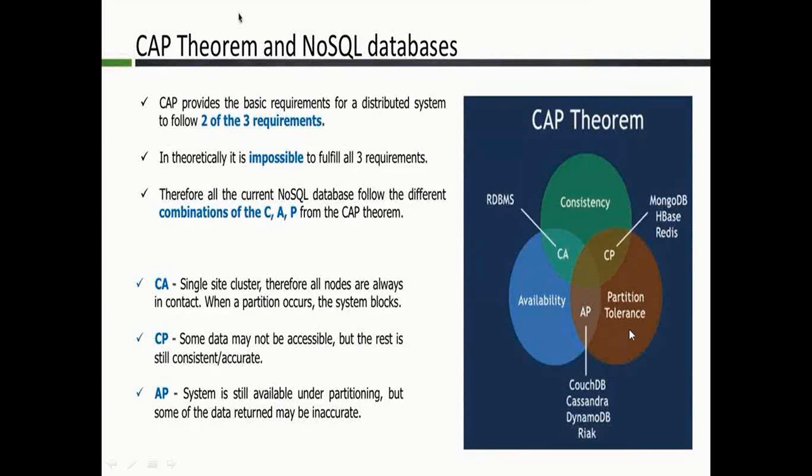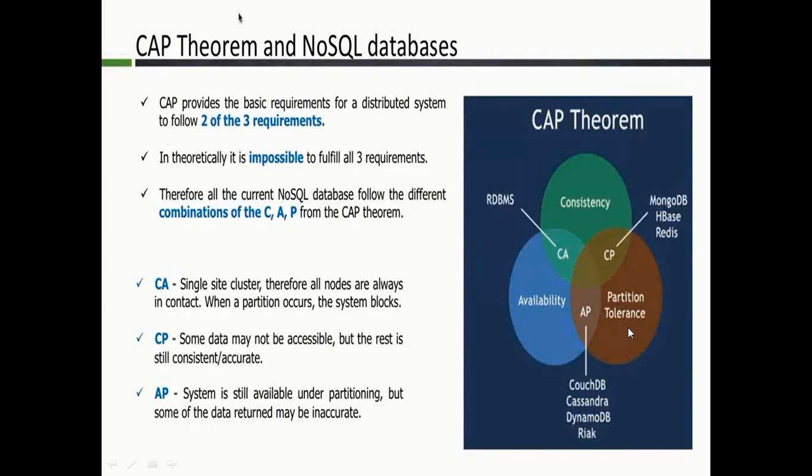Partition tolerance means that in NoSQL we store the data on different machines, so we distribute the data. If you face network issues, or if one partition fails, we should not lose service because of it.